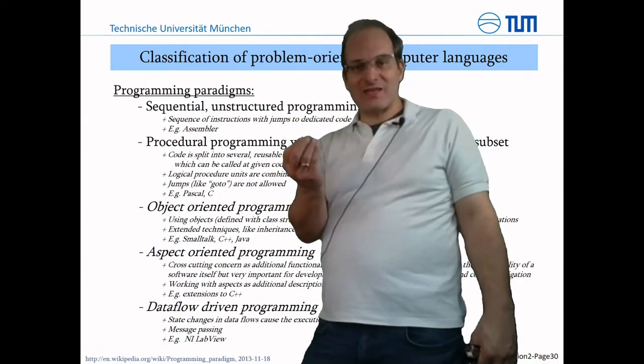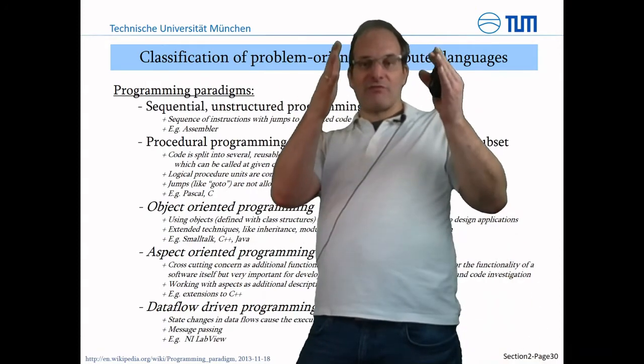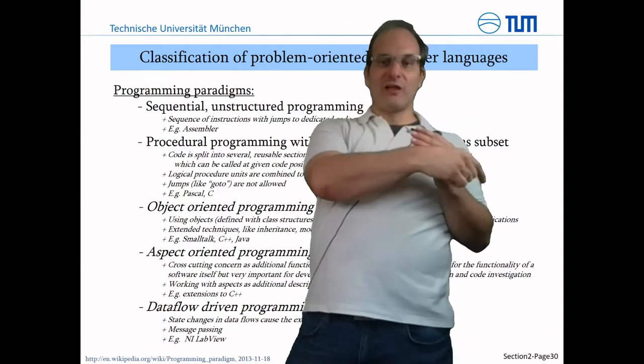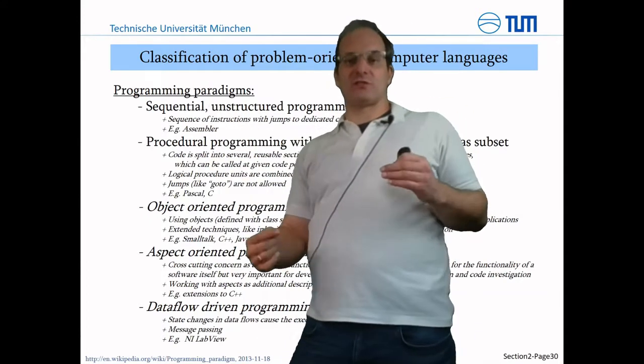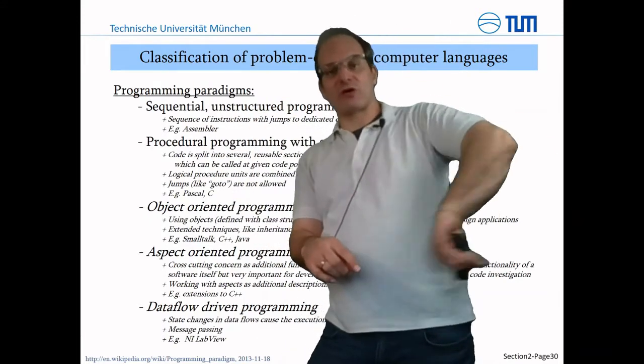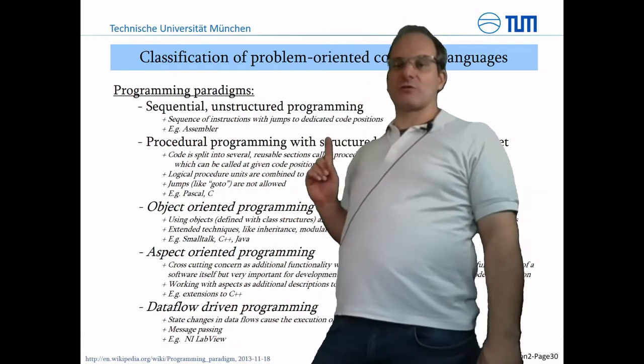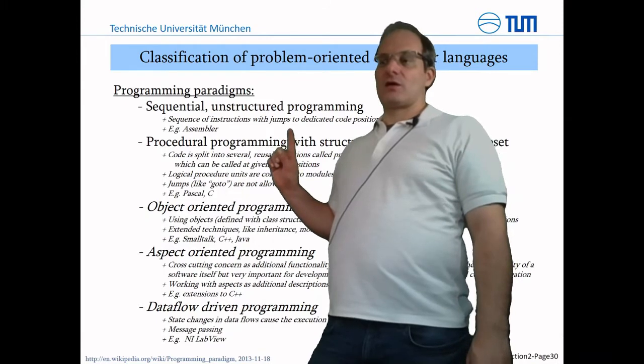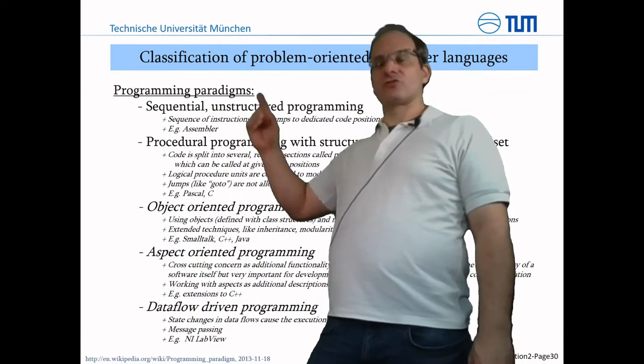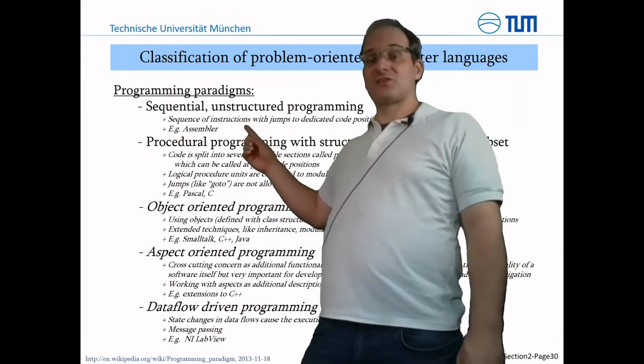Like mathematical functions, you have a function name, you have return values, and you have input arguments. You do something with the input arguments and give back the return. So this is structured programming, which is a subset of procedural programming. These are two essential things.